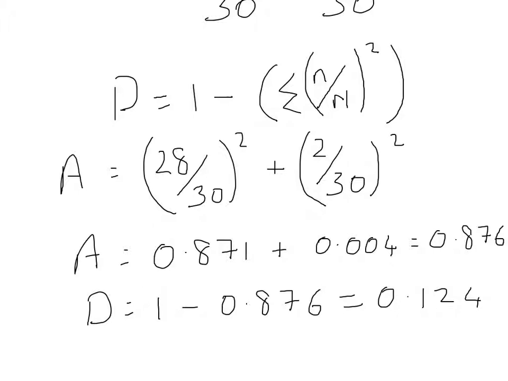Now I've worked out the value of Simpson's index of diversity, which is 0.124, and I'll come back to the significance of that value.